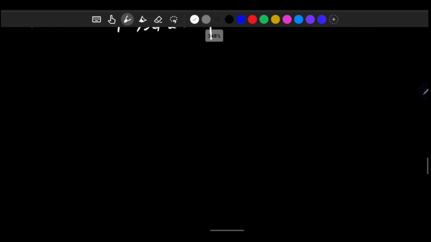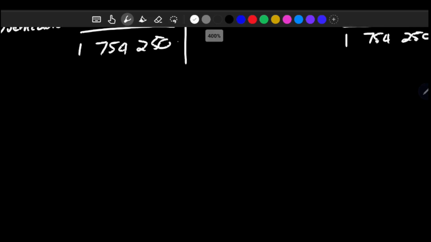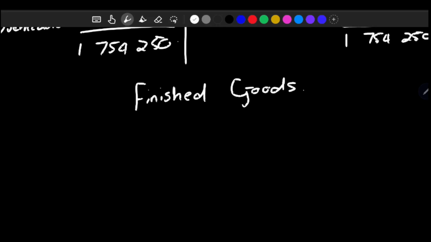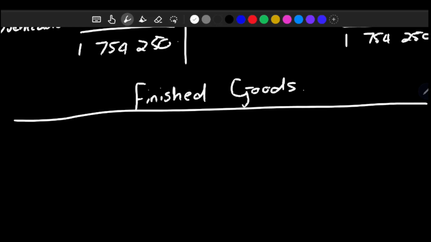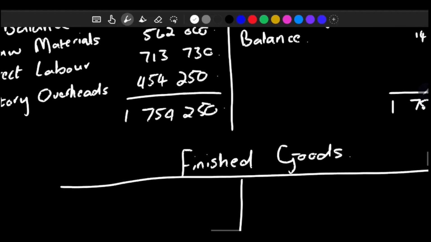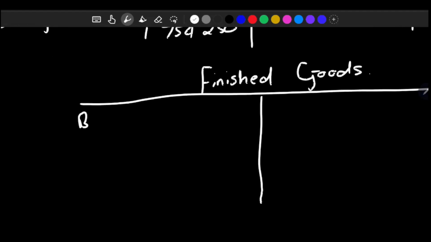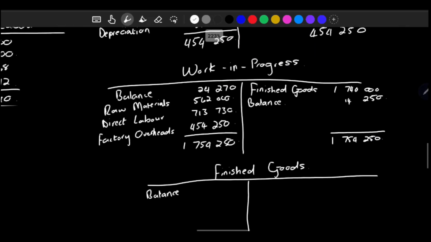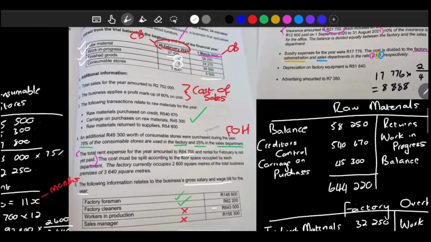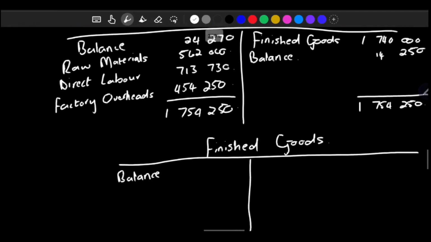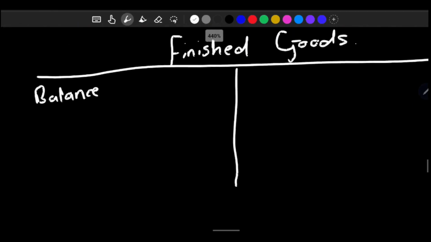And then for the final account, we have finished goods. Finished goods, that is also an asset. So that also has an opening balance, right? My accounts are not straight, but it's fine. It has an opening balance of 38,000 rand, right? 38,000.